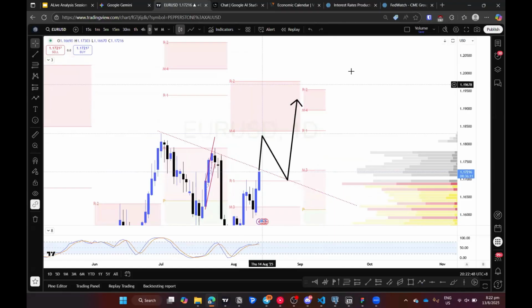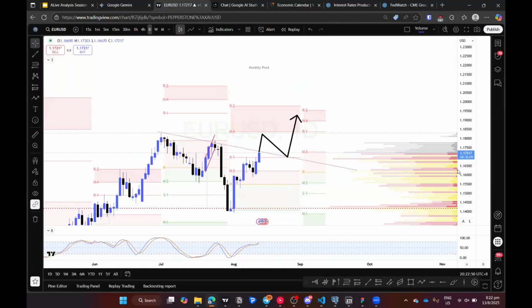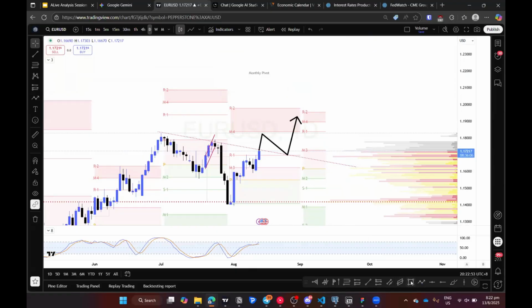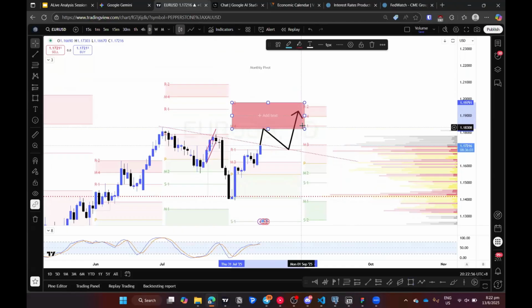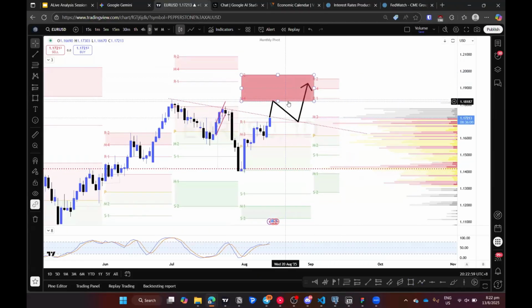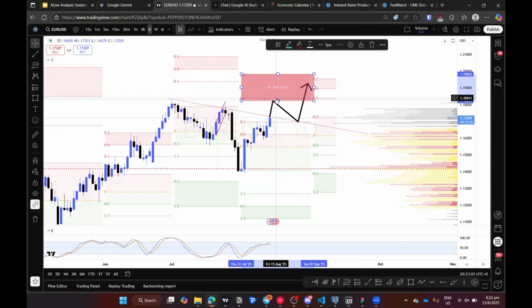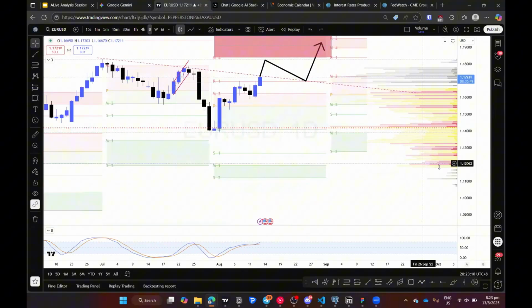This is the target, and this is the monthly target. Where did we start the month? If you are bullish, where is the entry? The entry is just above M2, below pivot, right from the start of the month.